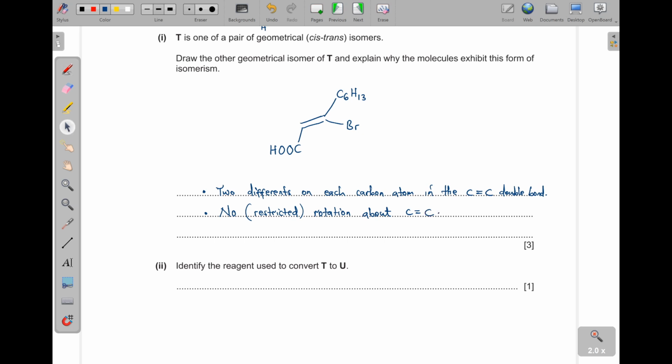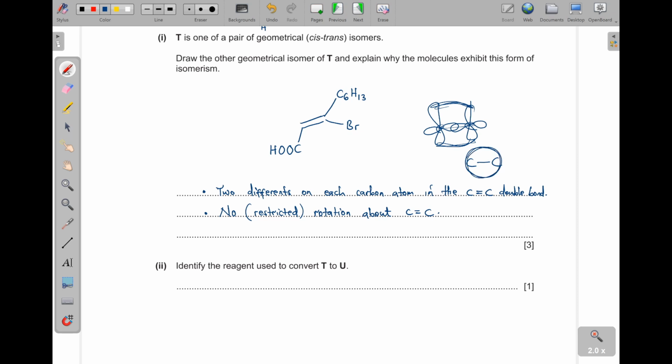Okay, because of the pi bond, remember there is sideway overlap of these orbitals. So there is this head-on overlap to form the sigma bond, okay, that one there. Then these ones here are going to overlap sideway, and then they form that circle.